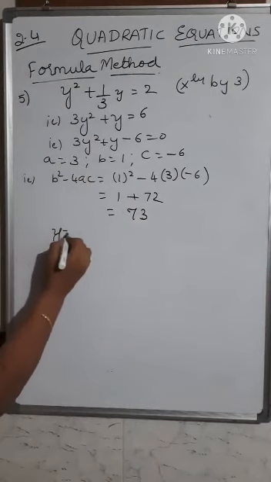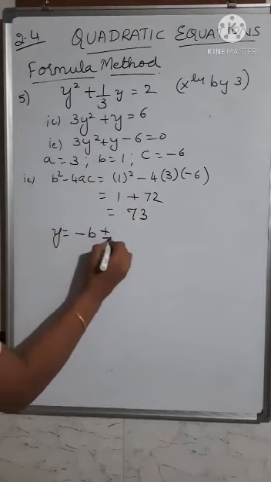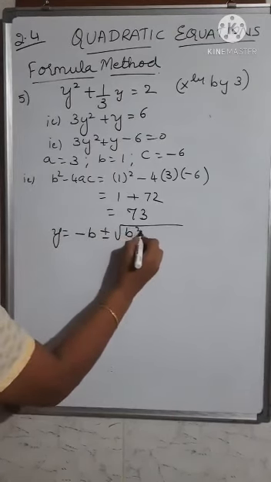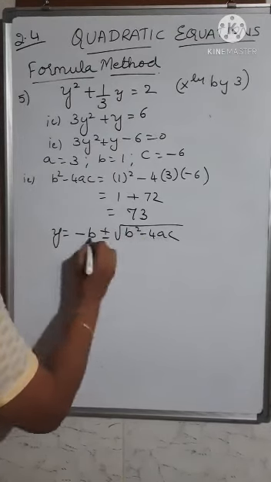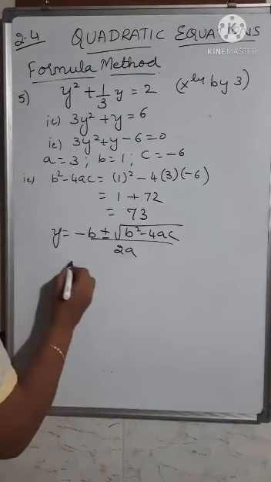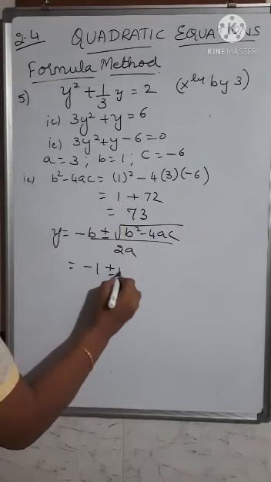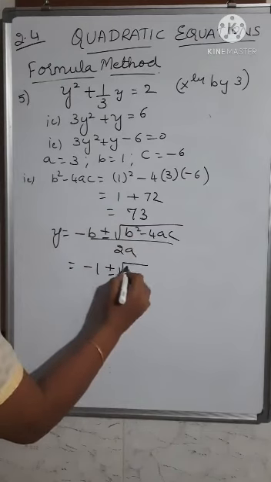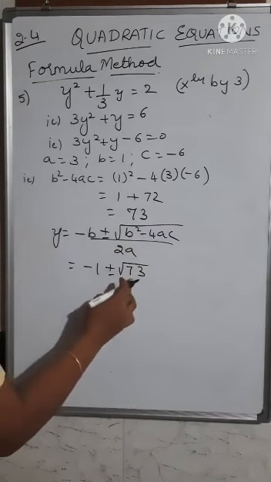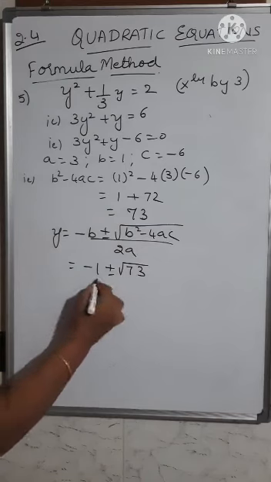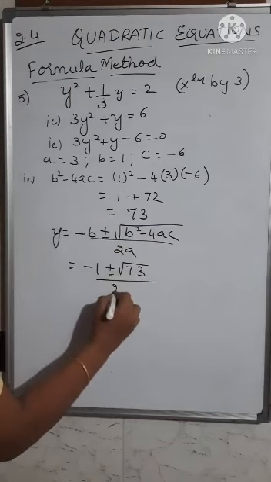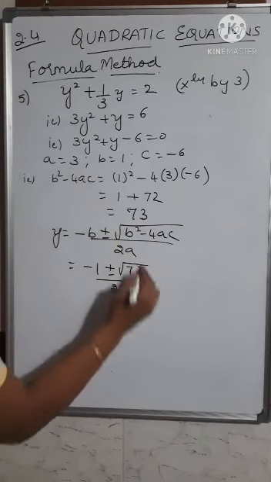So you write y is equal to minus b plus or minus root of b square minus 4ac upon 2a. So this will be minus b, which is 1, plus or minus root of b square minus 4ac, you have got root 73 upon 2 into a, which is 3.